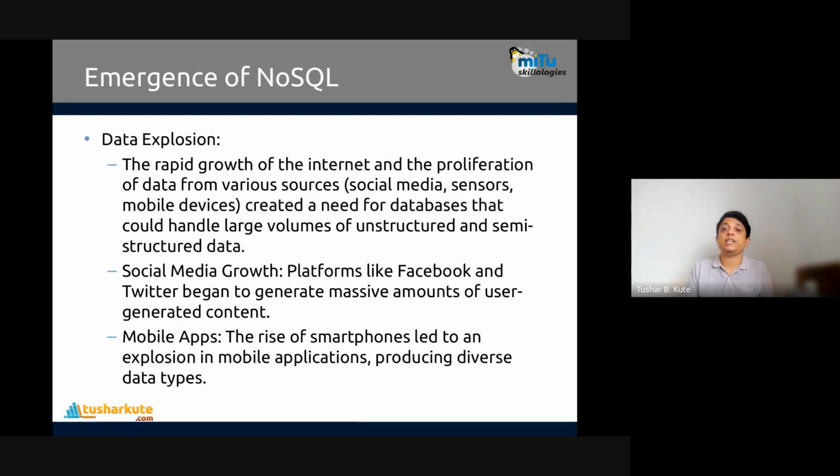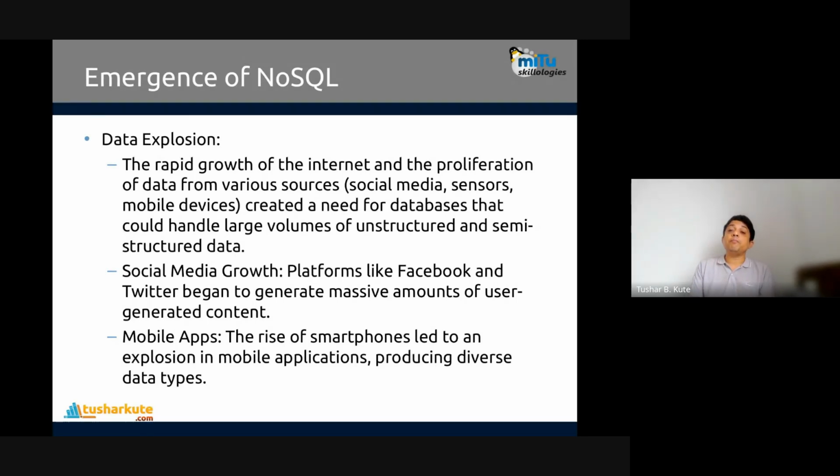So relational databases cannot store that. See, platforms like Facebook and Twitter began to generate a massive amount of user-generated content. Now see this technology you are using today, and the way data growth can be seen 20 or 25 years ago. What model was used for data generation?